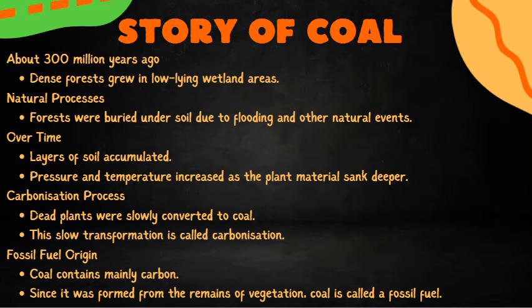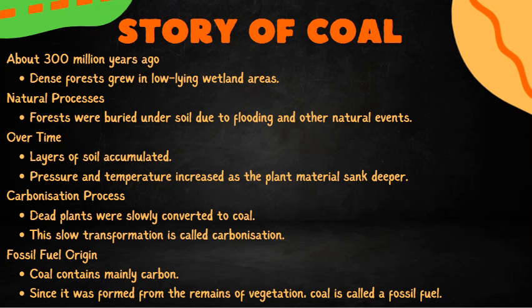Now it's story time. Let us look at a very significant story, that is the formation of coal. Now, how was coal formed? Around 300 million years ago, dense forests grew in low-lying wetland areas.